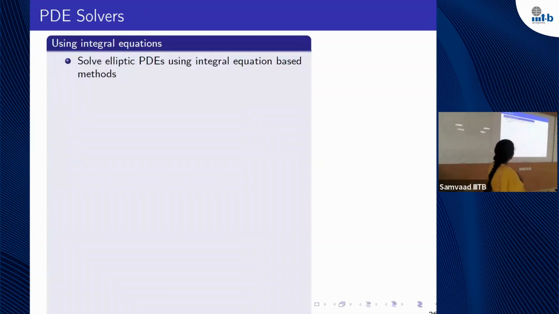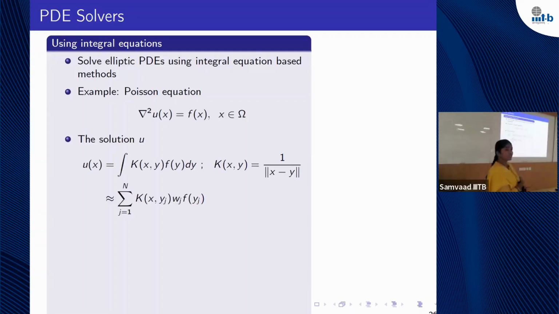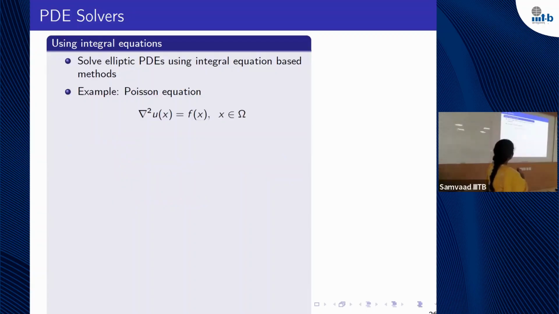PDE solvers. So what are PDEs? Partial differential equations. Say for example, you have a Poisson equation, del square u is f(x). The solution to u, using integral equations from scientific computing methods, you can write down as an integral over some k(x, y) f(y) dy. F here is known. So what is the problem here? The problem here is f is given and you want to find u.